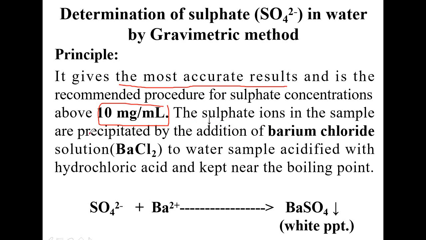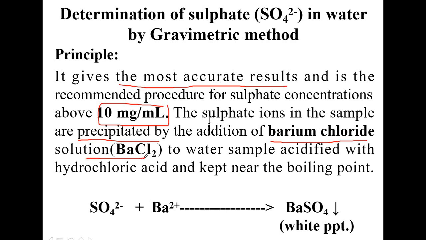Sulfate ions are precipitated by the addition of a barium chloride solution. That means all the sulfate ions present in the water sample are quantitatively precipitated by the addition of a precipitating agent called barium chloride, that is BaCl2.